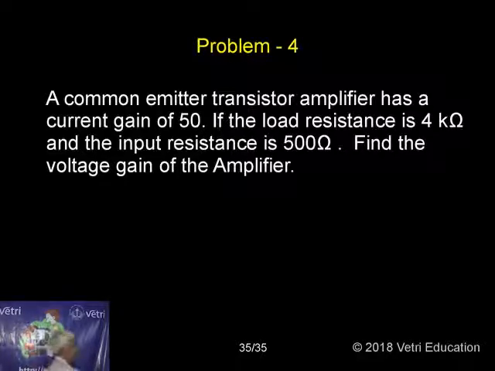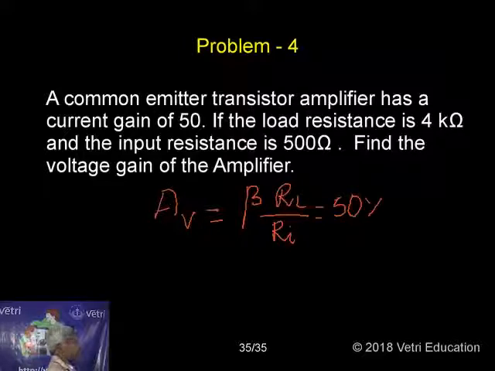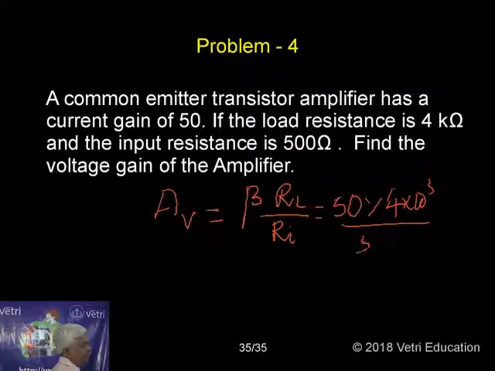We know the voltage gain is equal to current gain into load resistance by input resistance. That is equal to beta, given as 50, times the load resistance of 4 kilo ohm, that is 4 into 10 cube, divided by the input resistance, 500.